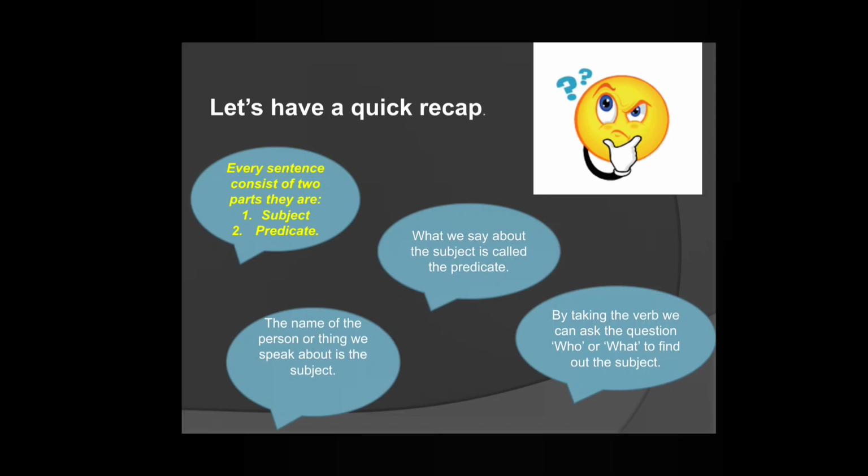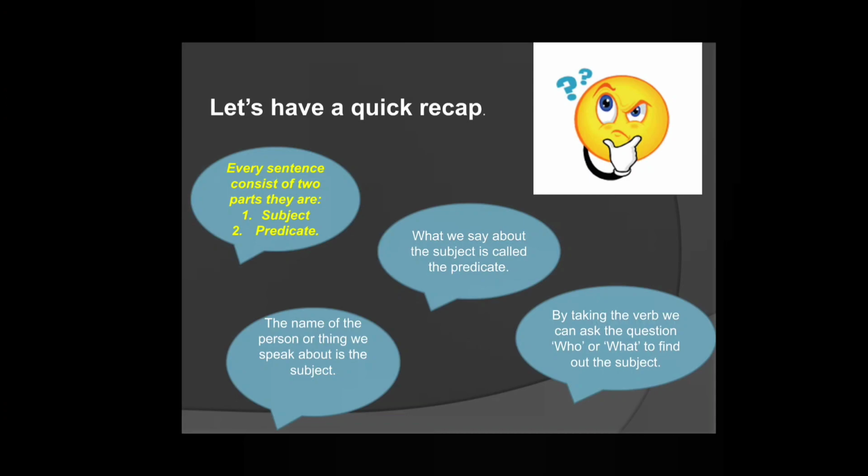Now students, the most important thing to keep in mind is, if you get a sentence, the first and foremost thing you are going to do is to take out the verb from it. Then the next step is, by taking the verb, you have to ask the question who or what. The answer you get is the subject. And the rest of the sentence, including the verb, is your predicate.